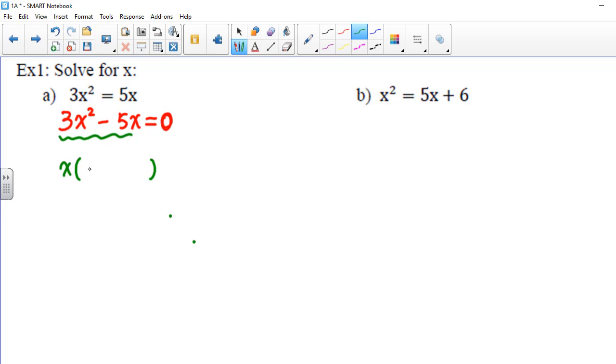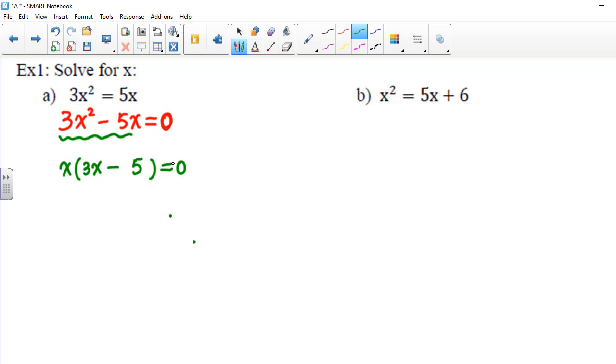Then we put the remaining stuff from each term in the pair of brackets. So 3x squared, if you take out x, we still have 3x left. Minus 5x, take out x. So 5x divided by x, we have 5 left. So equals 0.